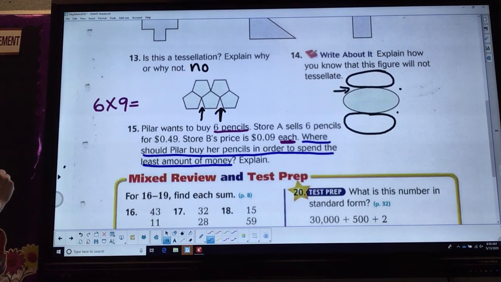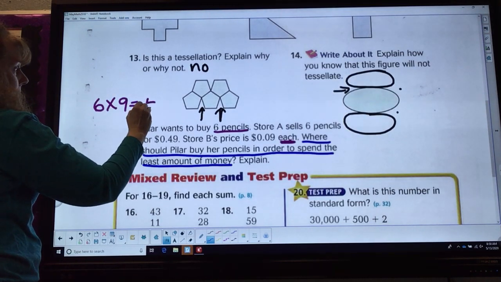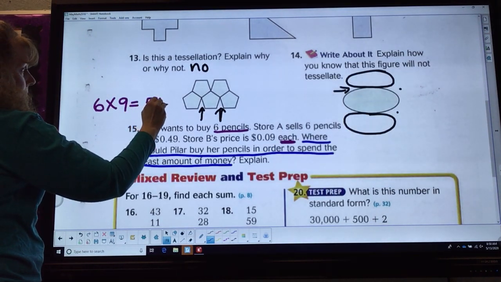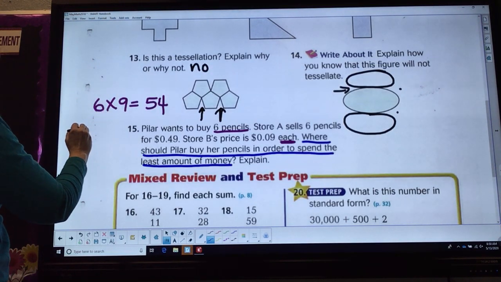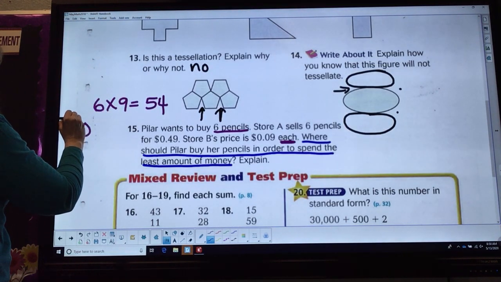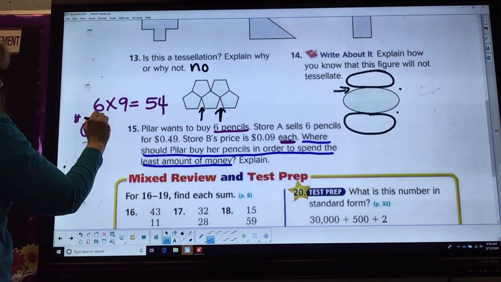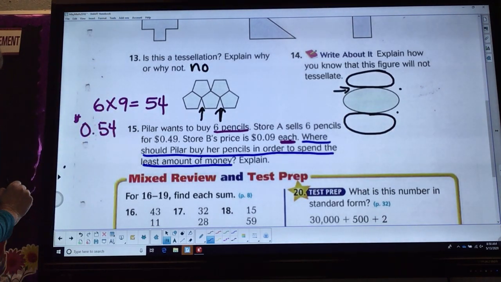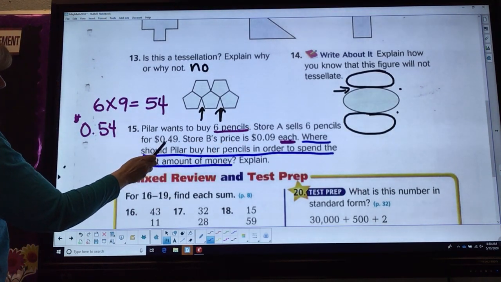Okay? Now, hopefully I can remember what that is. It comes out to 54. Now, because this is money, we have to show it as money. Okay, so Store A, the 6 pencils are 49 cents.